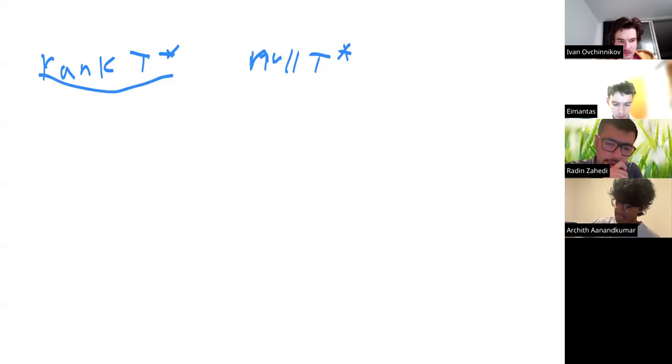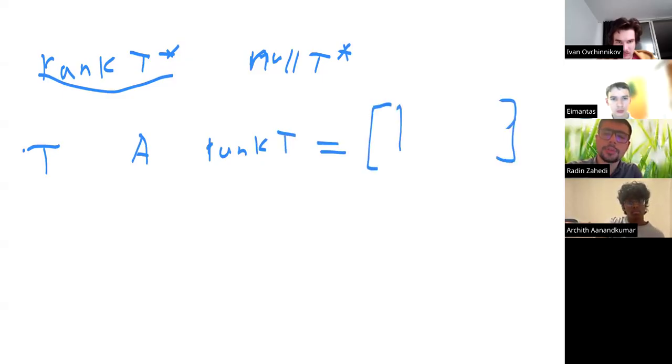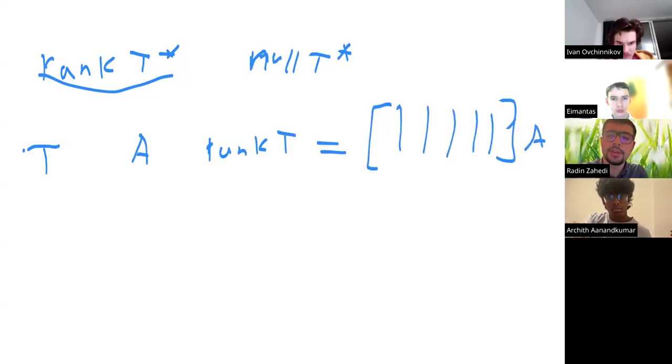We already know that for each linear map T, if A is a matrix relevant to T, then the rank of T would just be the dimension of the span of all columns of the matrix A.